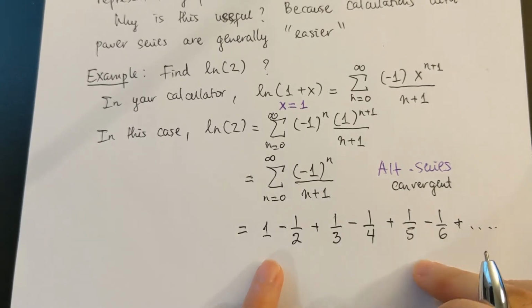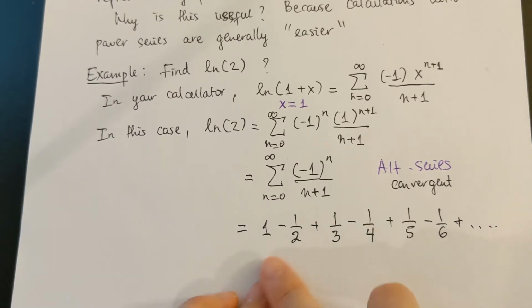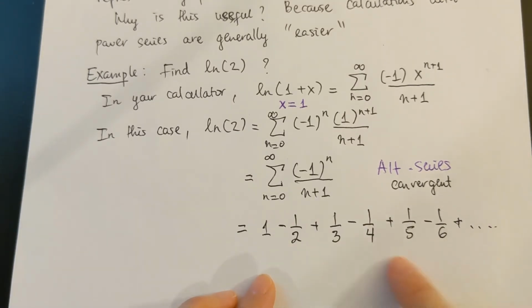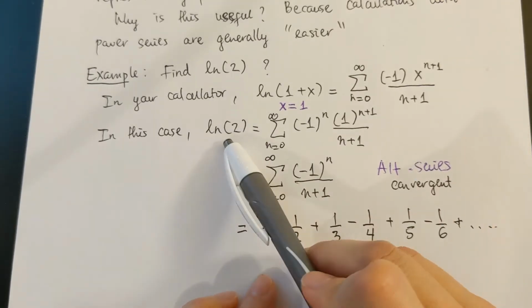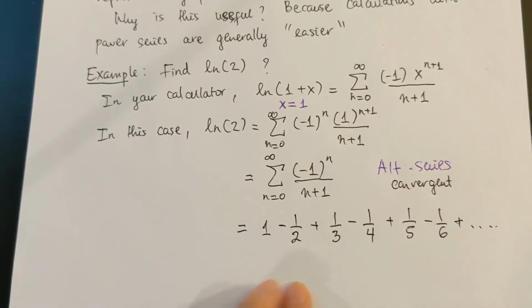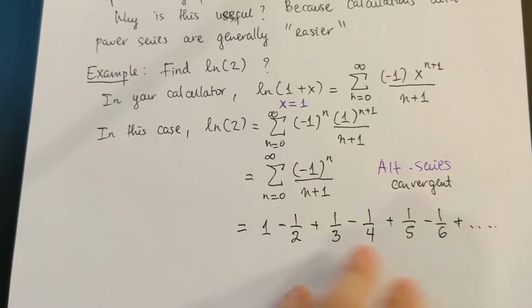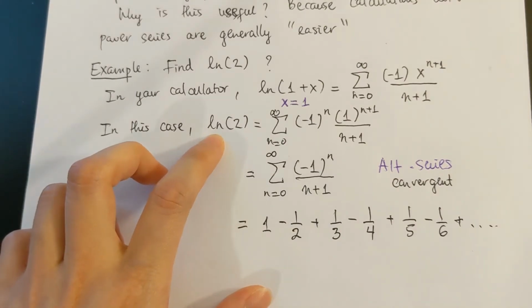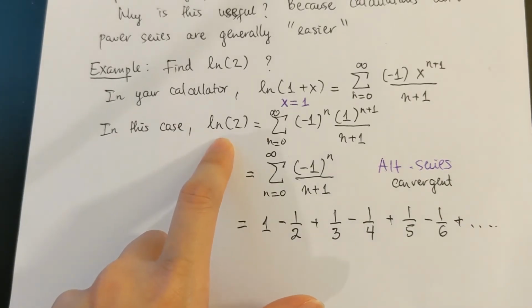Depending on the accuracy of your calculator, say your calculator can display 10 decimal places of accuracy, then it will sum up as many fractions as needed to be within 10 decimal accuracy of the value of natural log of 2. Okay. So this is what your computer actually does when you ask it to calculate natural log of 2. So it's using power series to find values of functions.